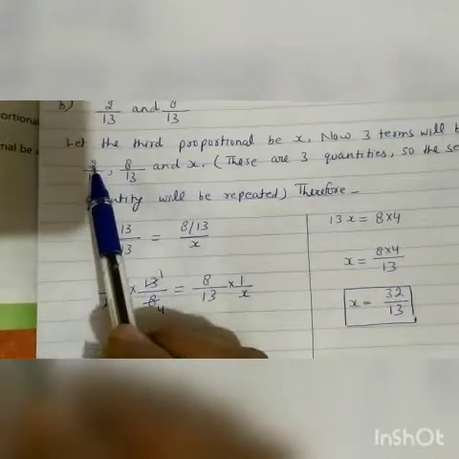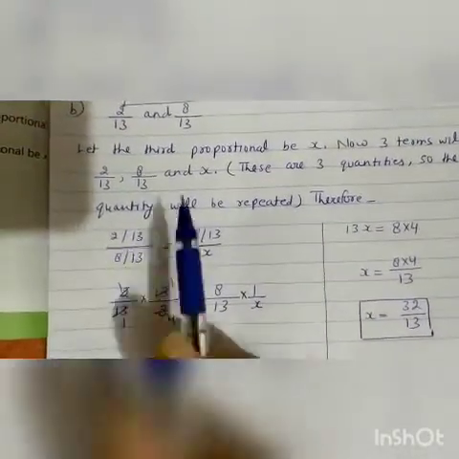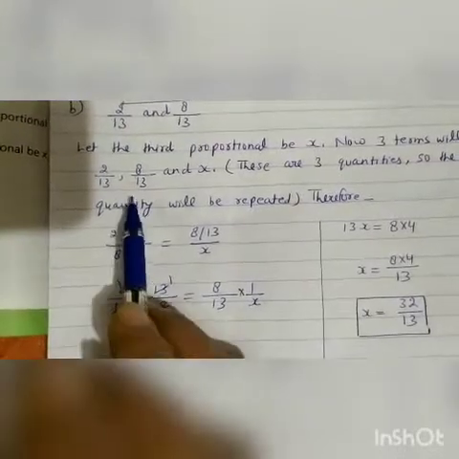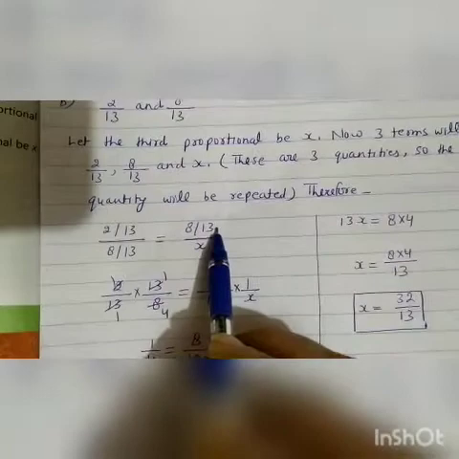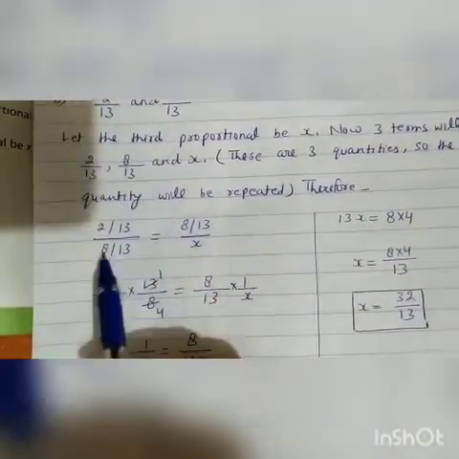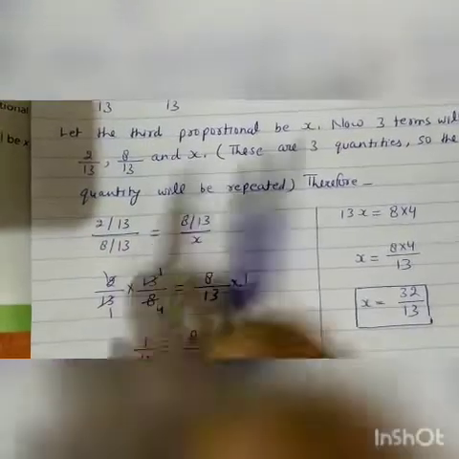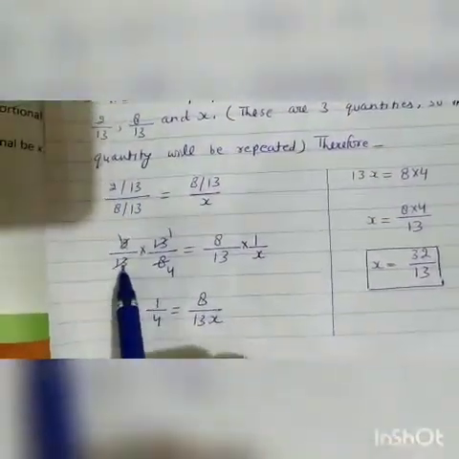We will write this 2 upon 13 upon 8 upon 13 equal 8 upon 13 upon this x. This is the second term. So the second term is repeating here. Now this 2 upon 13 is this one.